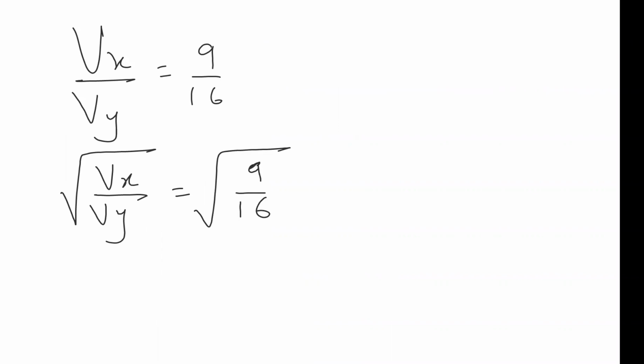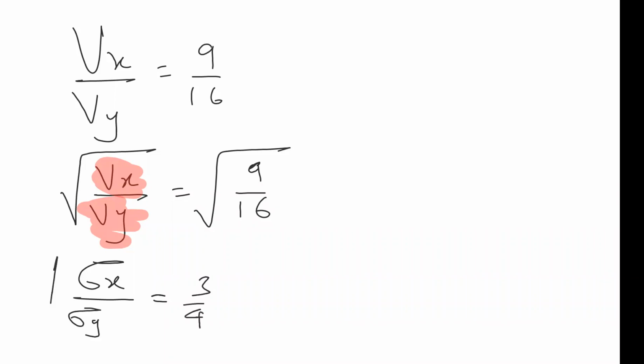Root of variance of x is standard deviation of x, and root of variance of y is standard deviation of y. So standard deviation of x upon standard deviation of y is equal to 3 by 4. One more piece of information we have decoded.